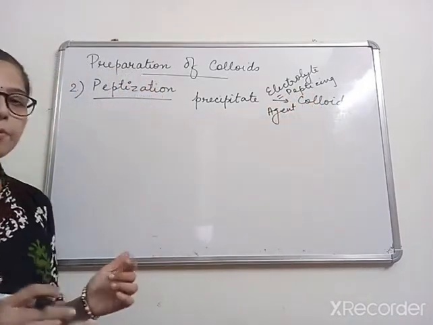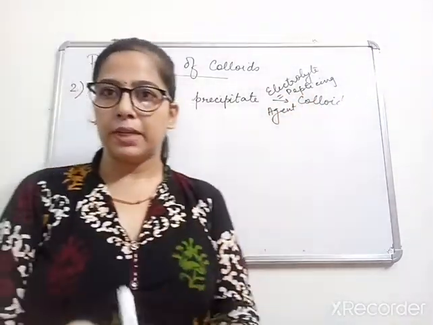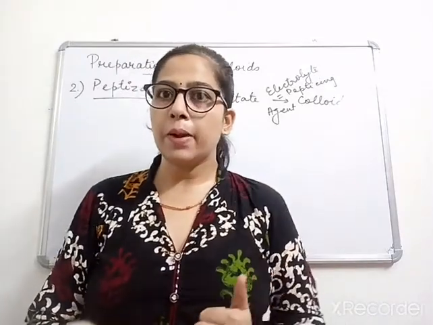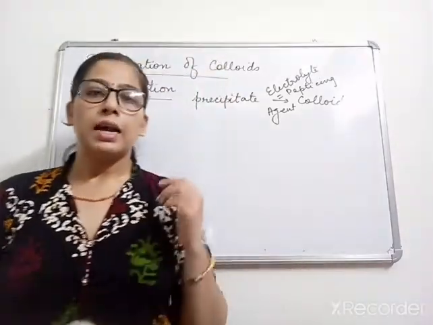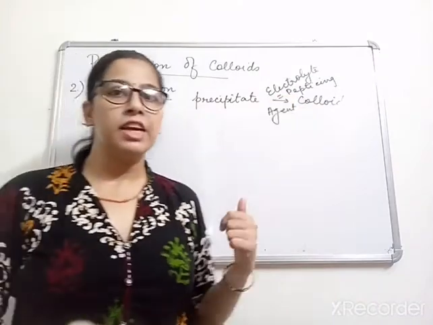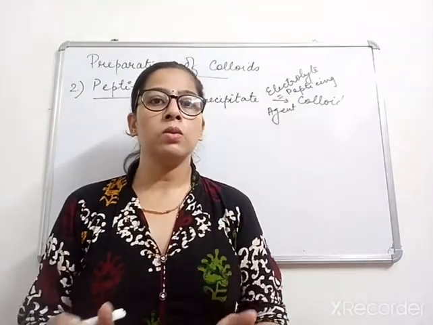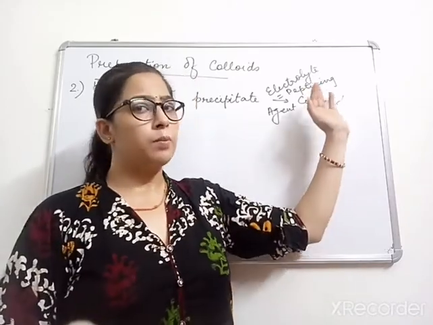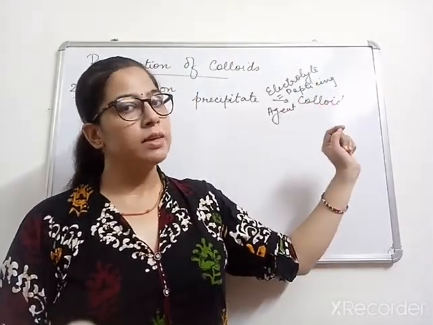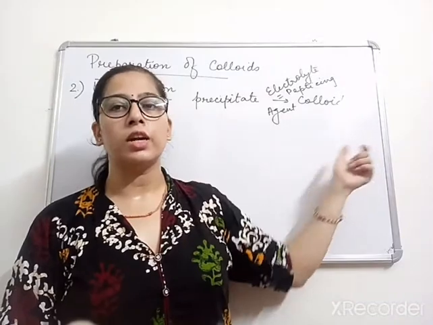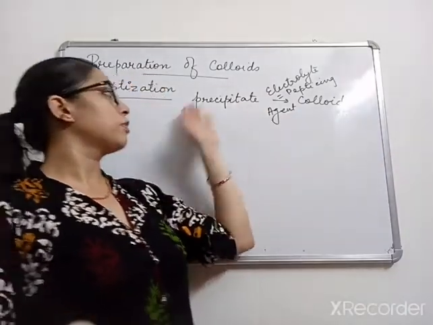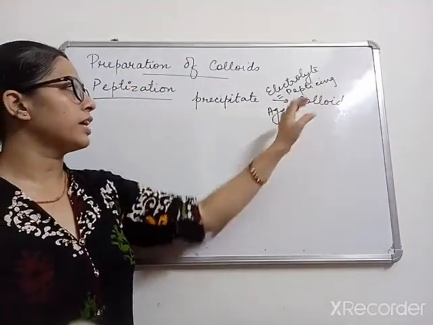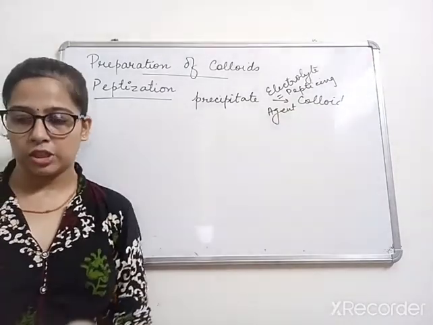So first we prepare a freshly prepared precipitate and to it we add an electrolyte called the peptizing agent which will break down the precipitate into small-sized particles. The particle is the same, the chemical formula is the same, but the size will change into the colloidal range, and this breakdown of precipitate to colloid by the peptizing agent is called peptization.